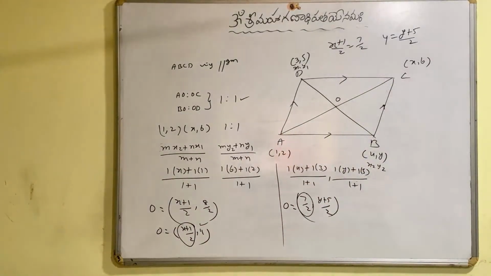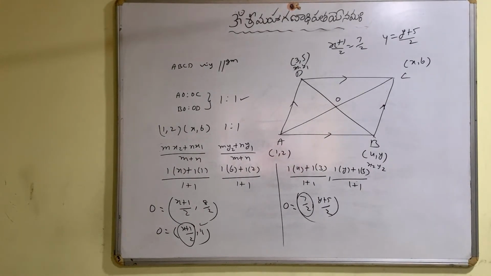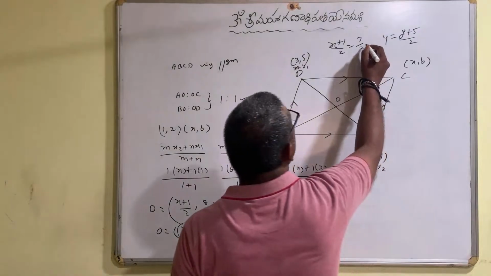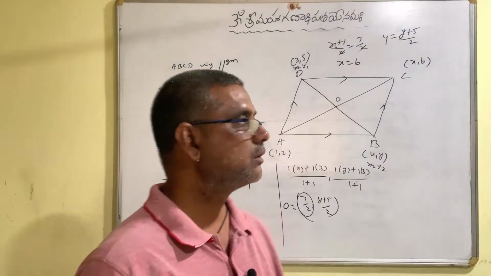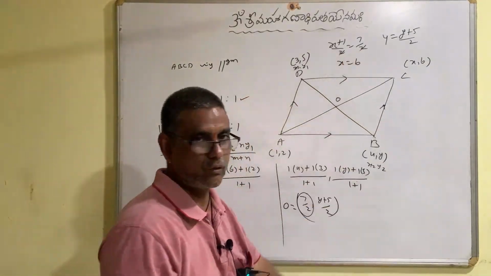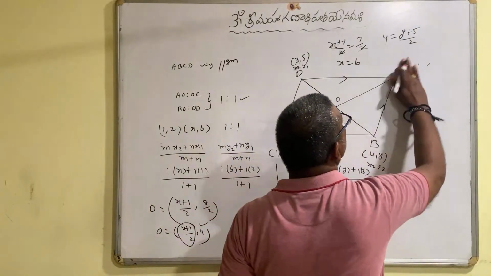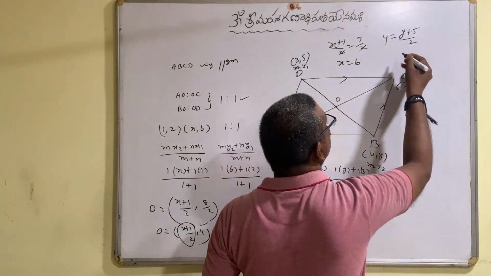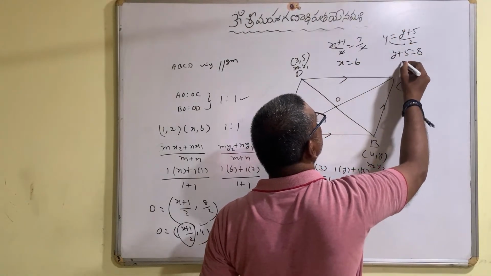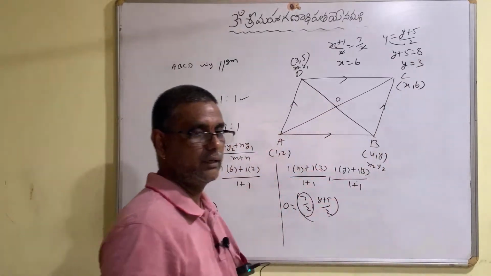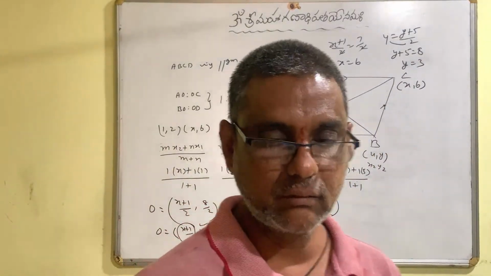The 2s get cancelled, x is equal to 6. And here y plus 5 is equal to 8 when we multiply by 2, then y is equal to 3. x is 6, y is 3.